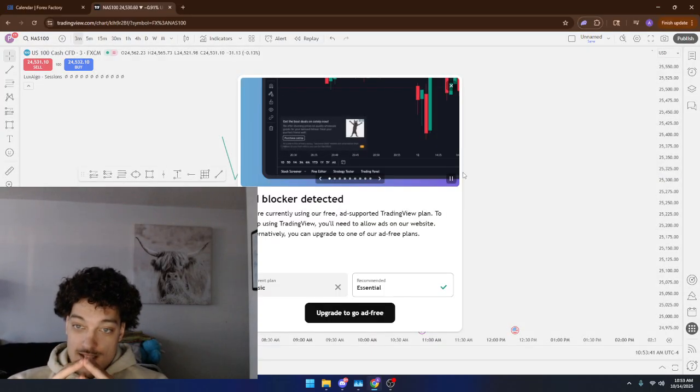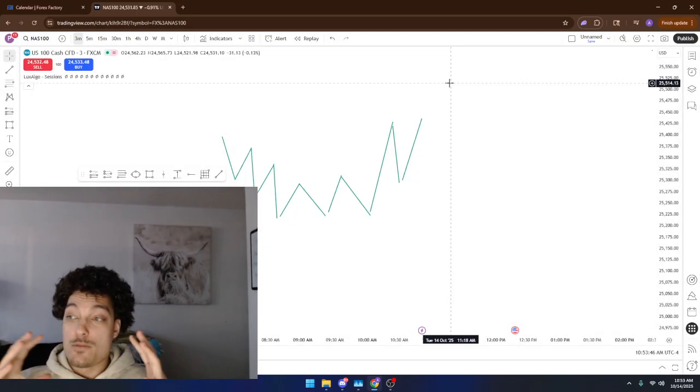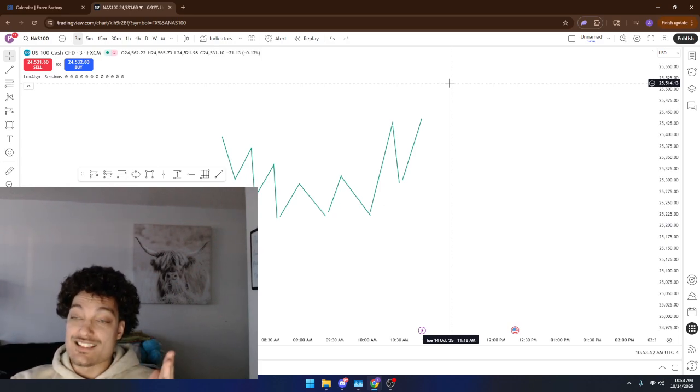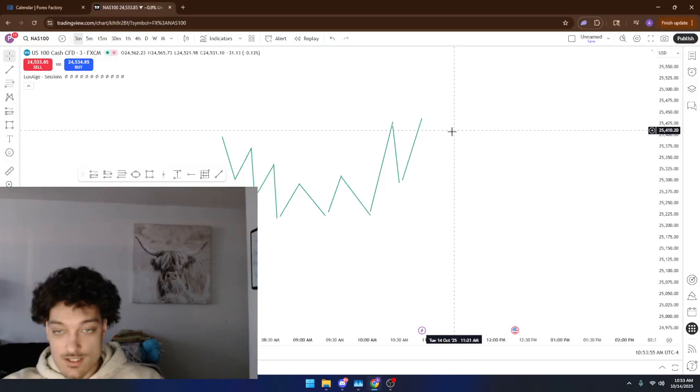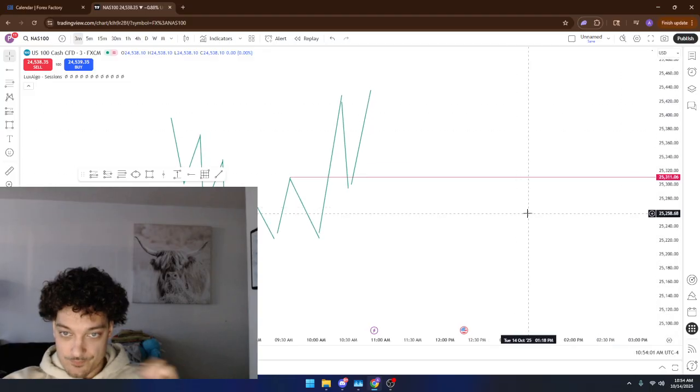It's a price range where orders can potentially be filled, so it can push price in that same direction. So in this case, as we see right now, a breaker structure is right here.